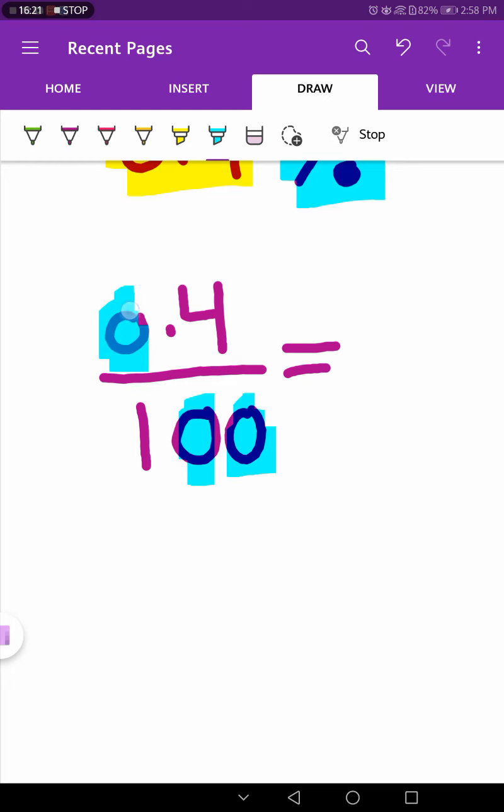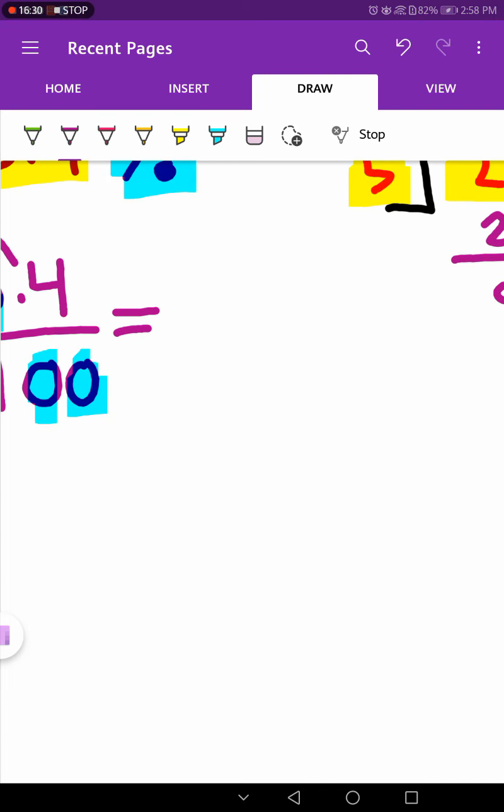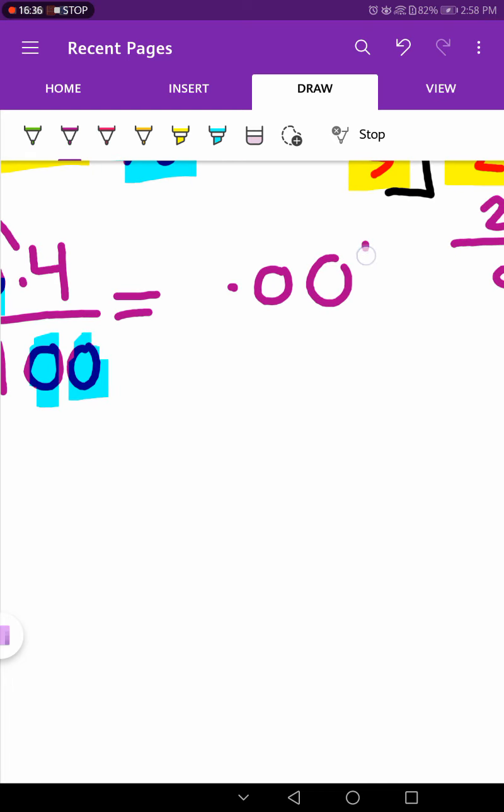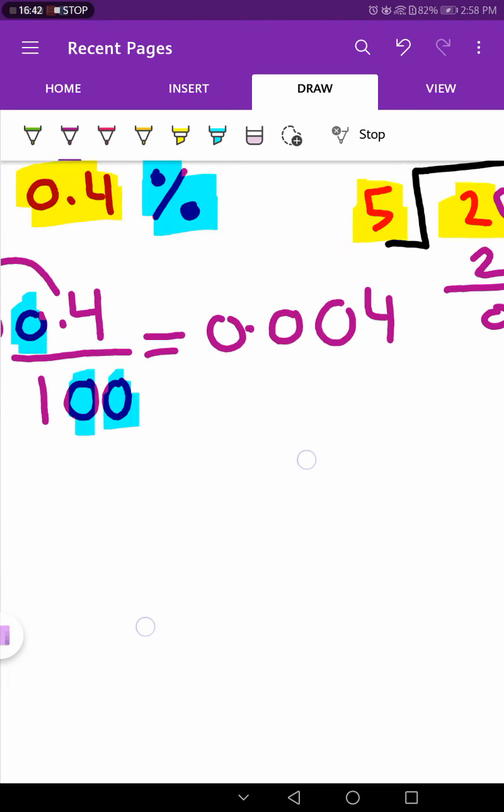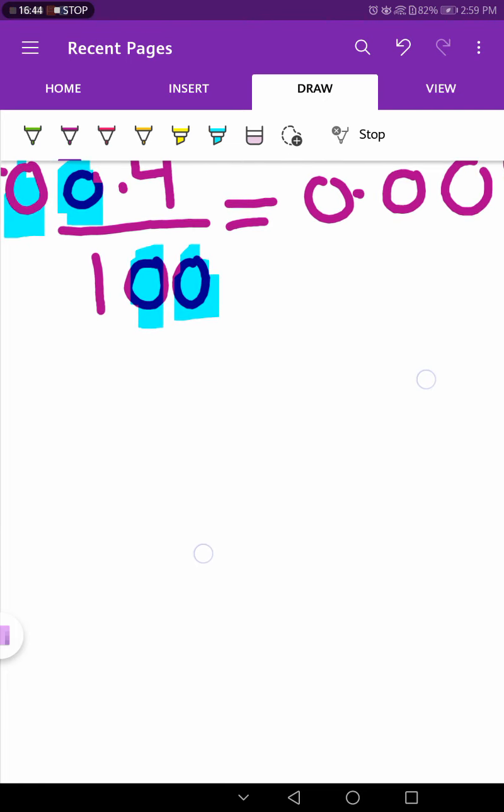So add 0 in the empty one. So you move this here, and it will be 0.004, and 0 for decoration. Read it, 4 thousandths. Okay, my dear students.